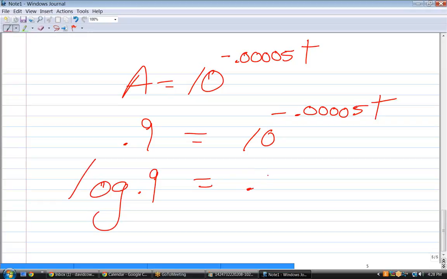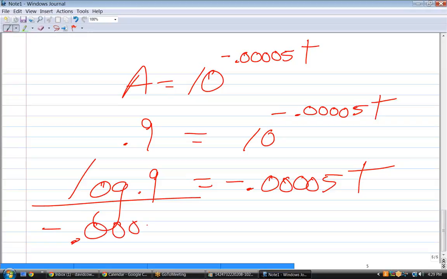equals negative 0.00005t. So t is equal to that. And remember that if you take the logs of numbers less than 1, you get negative answers.